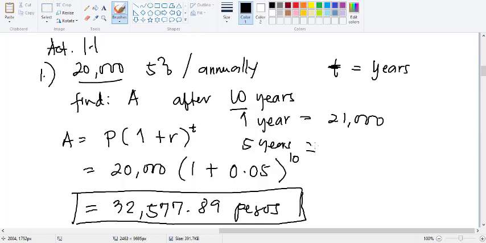Let's see. 5 years. So, 1 point something something times 20,000. So, 25,525.63 pesos lang ang babayaran mo. So, you can see 5,000 plus lang ang nadagdag.